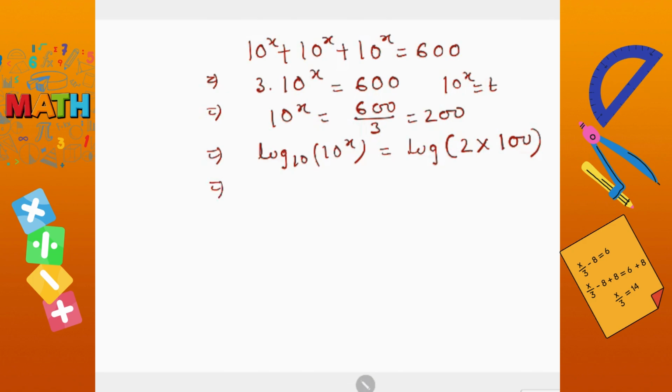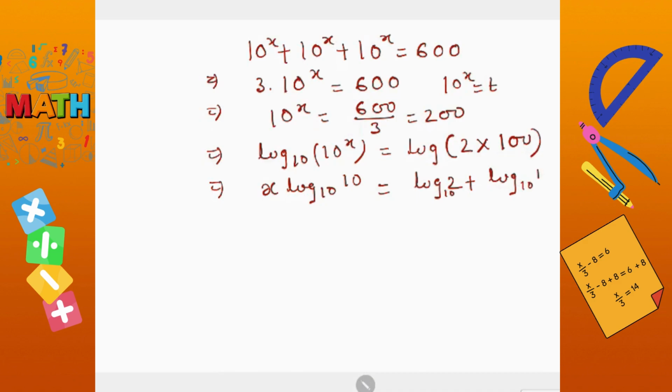Okay, so what will happen is when you take a log, the power comes before the log, and log when multiplication is there, then it becomes a plus sign, so log 2 plus log 100, remember the base is 10.